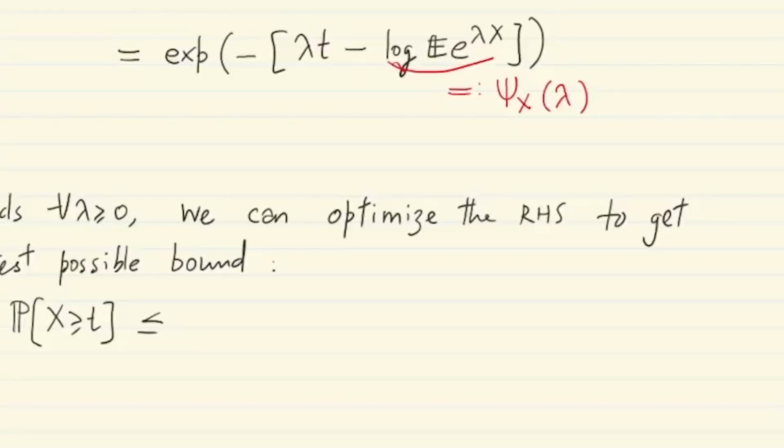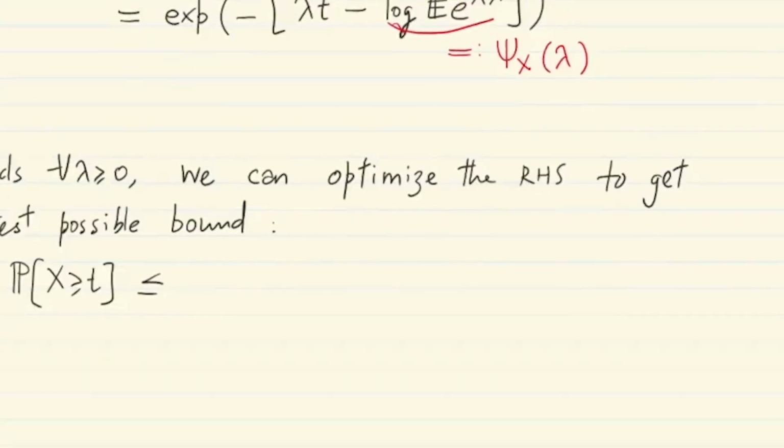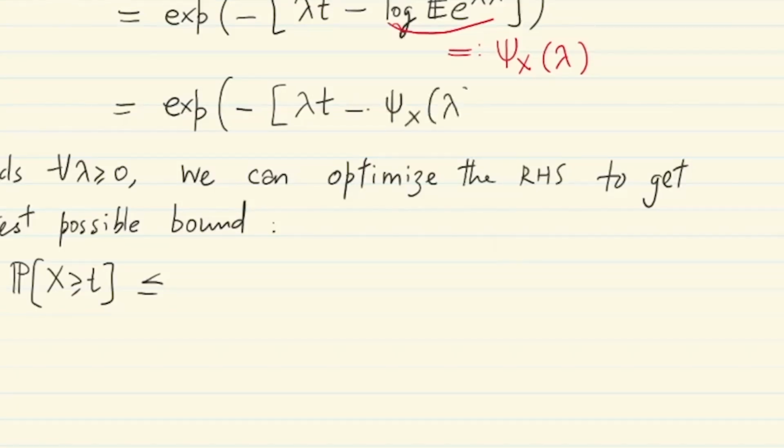Okay, and so finally we get the bound e raised to negative of lambda t minus psi x of lambda.